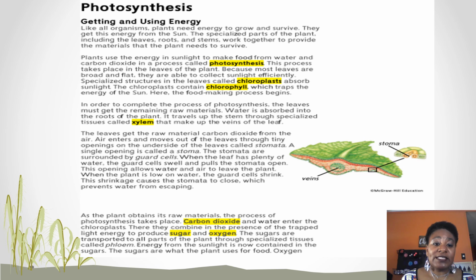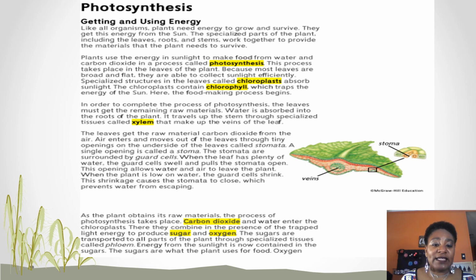When the leaf has plenty of water, the guard cells swell and pull the stomata open. This opening allows water and air to leave the plant. When the plant is low on water, the guard cells shrink. This shrinkage causes stomata to close, which prevents water from escaping.